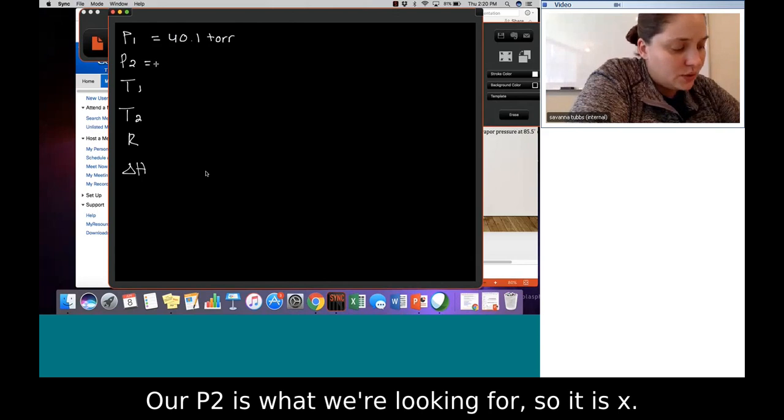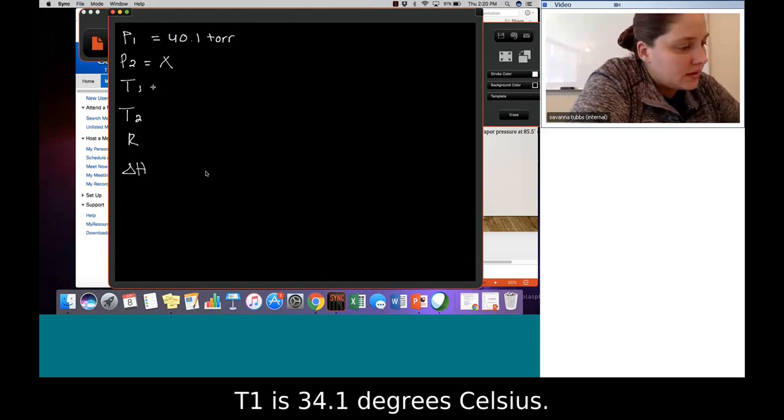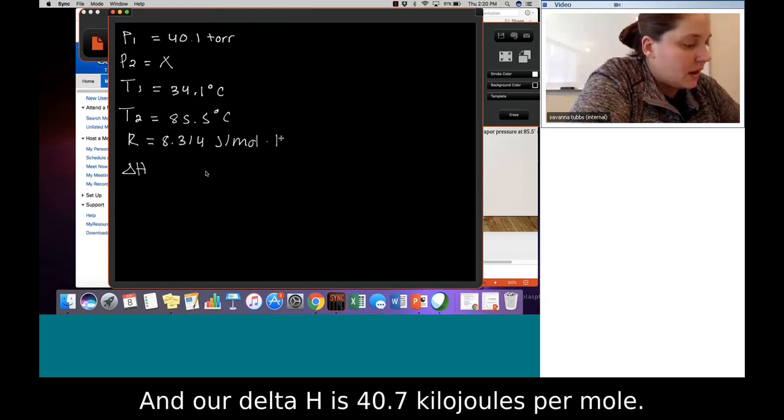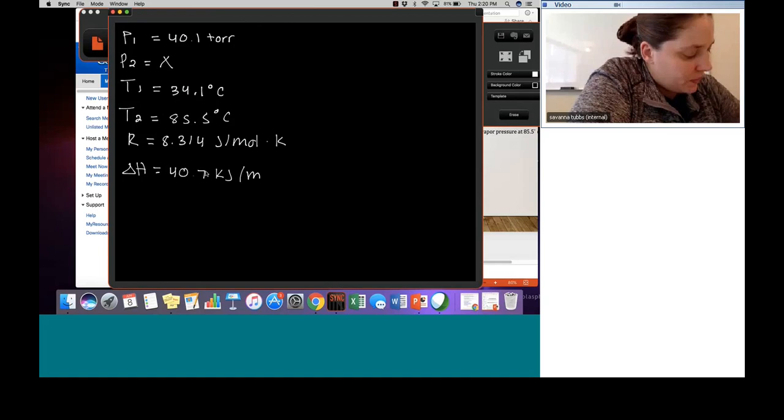Our P2 is what we're looking for, so it is X. T1 is 34.1 degrees Celsius. T2 is 85.5 degrees Celsius. R is 8.314 joules per mole Kelvin. And our delta H is 40.7 kilojoules per mole.